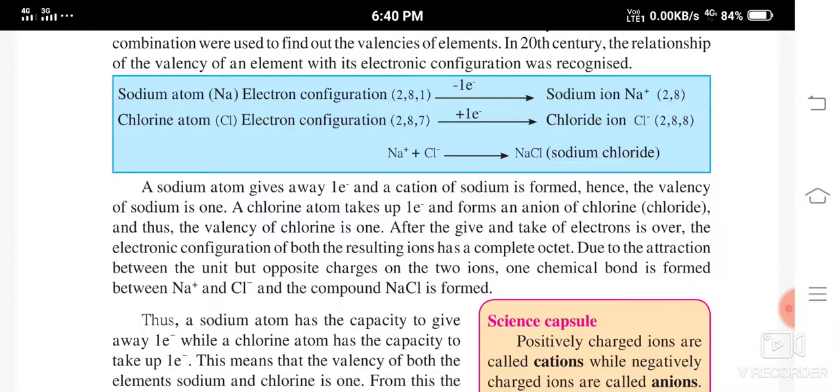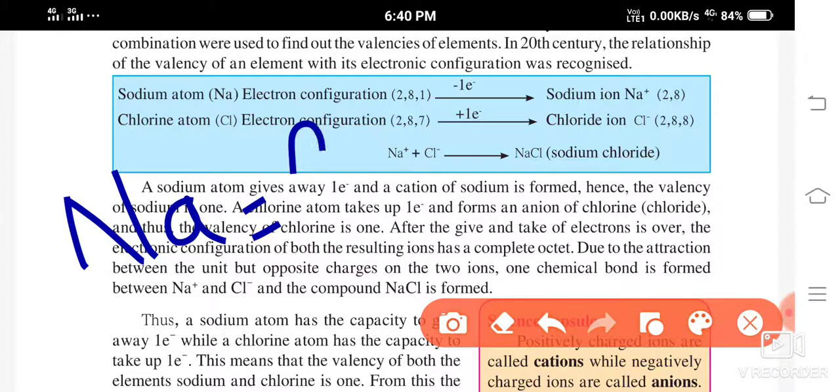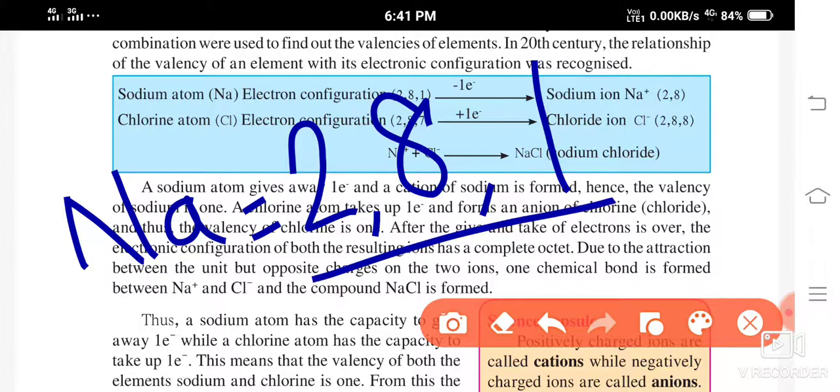Yes, now each and every element tries to attain this stable state. Now see, sodium, 2, 8, 1, we said the electronic configuration is. If this sodium has to attain a stable electronic configuration, the outermost shell has to attain the octet state, isn't it?